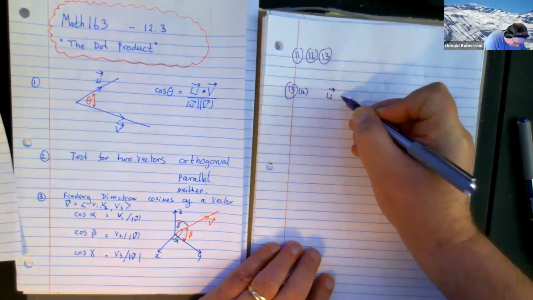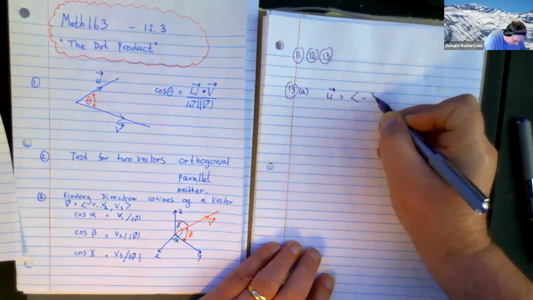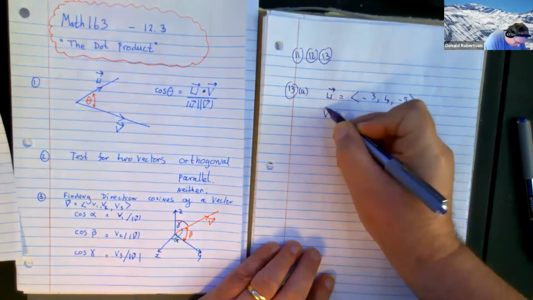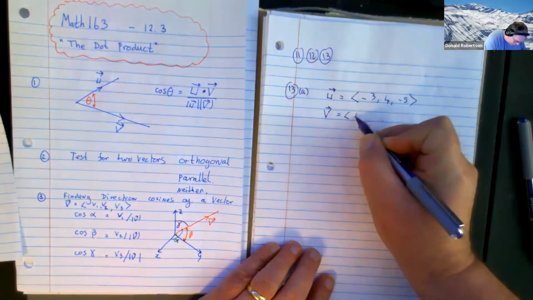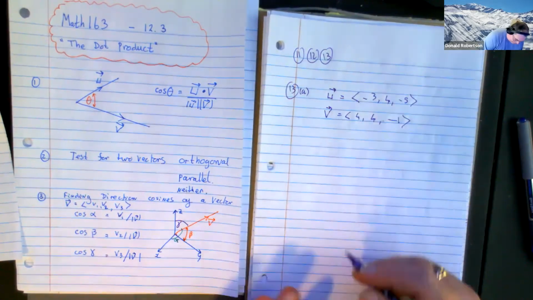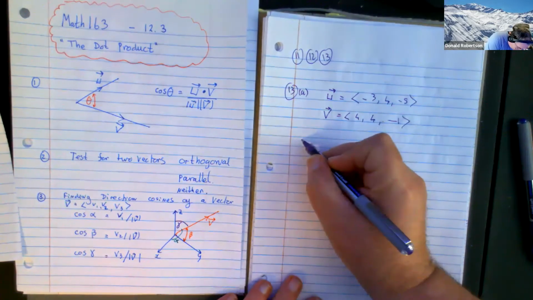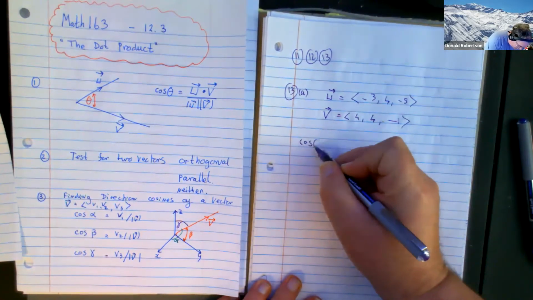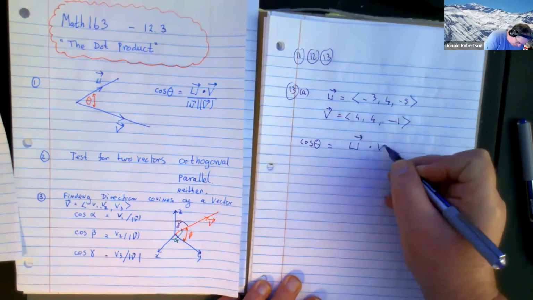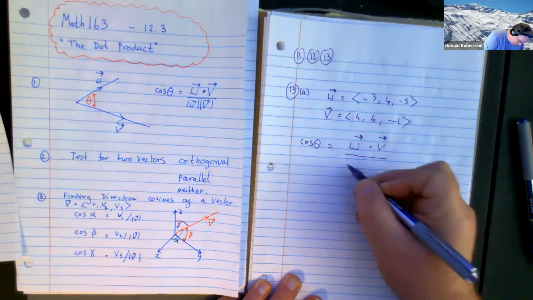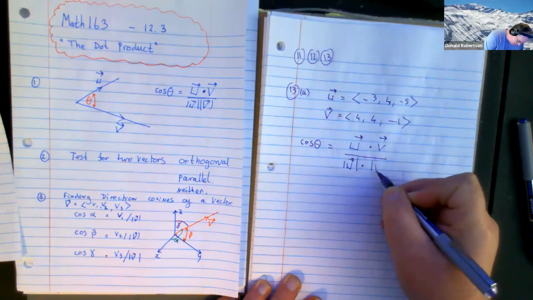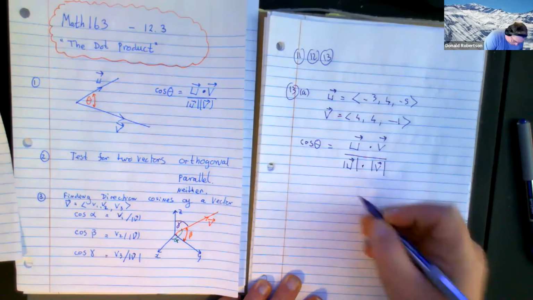The 2 vectors are -3, 4, -5. And the other vector is 4, 4, -1. So the cosine of theta will be the dot product divided by the magnitude of the first one times the magnitude of the second one.